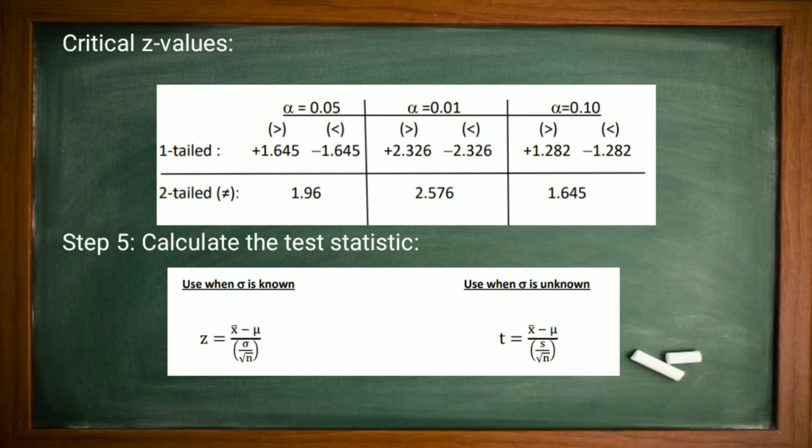And then, the next, use when the standard deviation is unknown. Okay, so dito po, meron tayong t equals the mean minus the population mean divided by s, or the sample standard deviation over the square root of n. So, yan po yung isang formula.